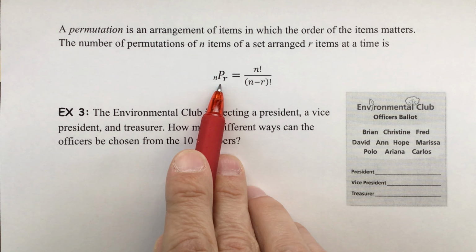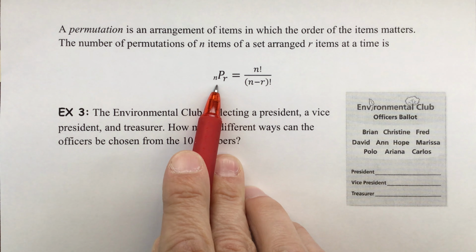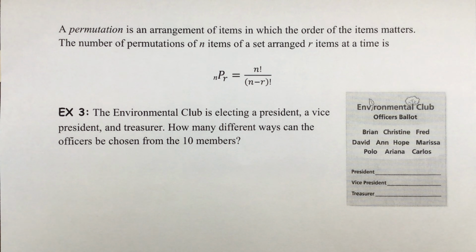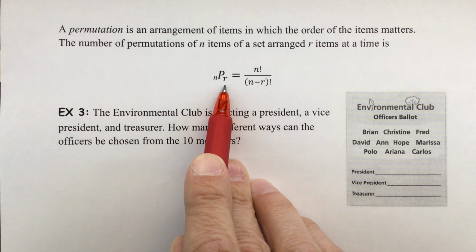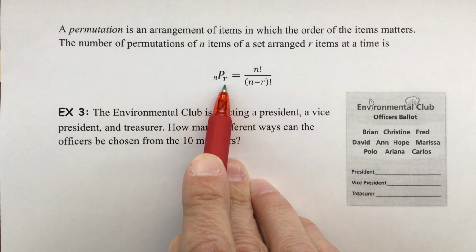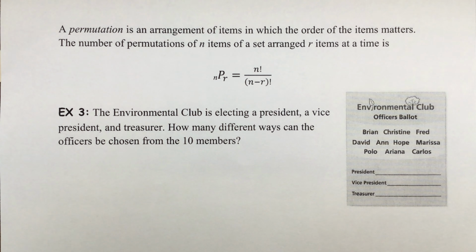So capital P represents a permutation, which instructs you to use this expression. We're still choosing from a group of n, and we're choosing r items, but those r items need to be in a particular order. So this is n choose r still, but as a permutation.